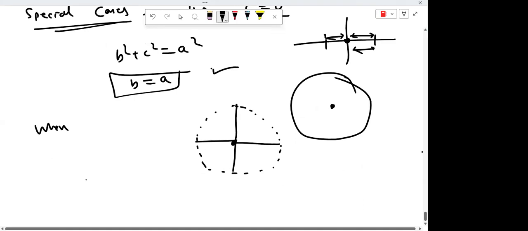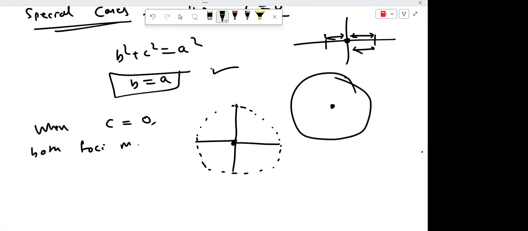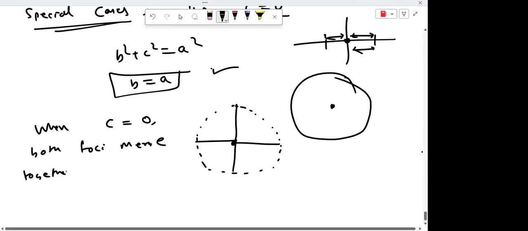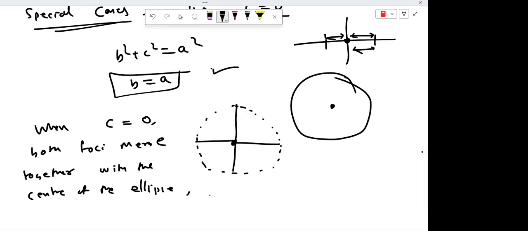So write it down. When c equals 0, both foci merge together with the center of the ellipse, and the ellipse becomes a circle.